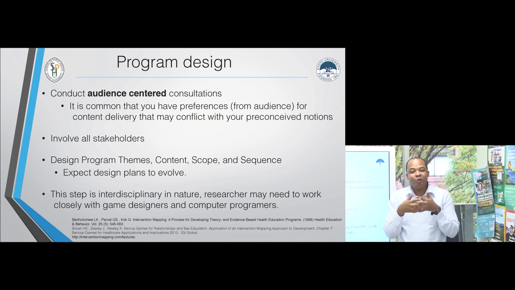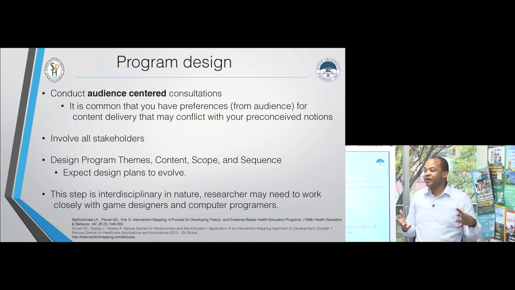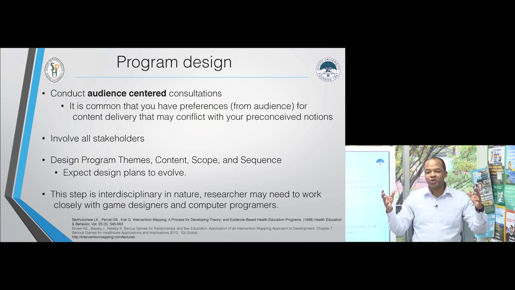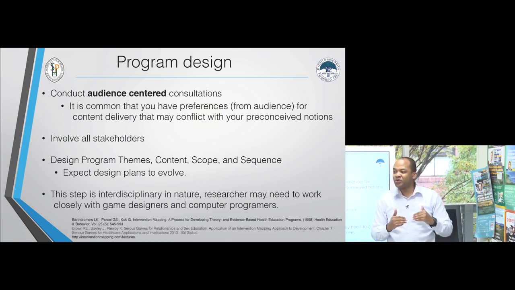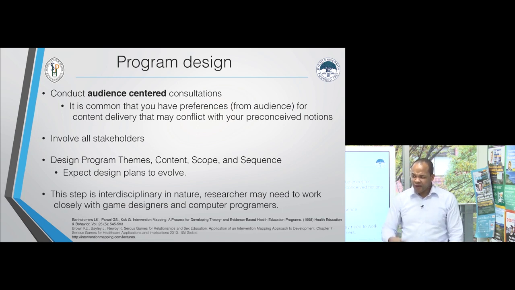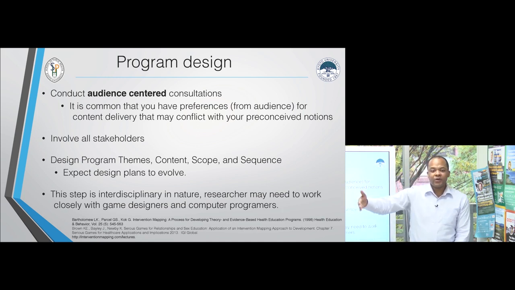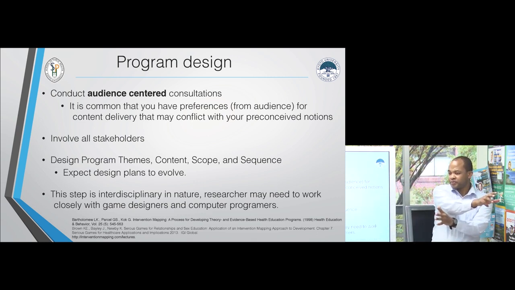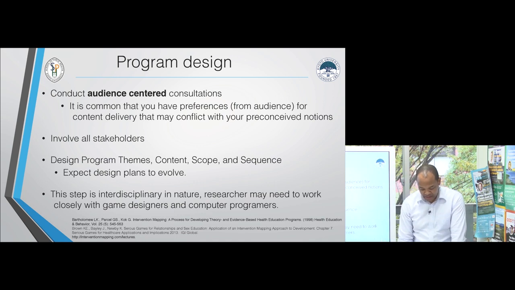If it's a story, what would the story be about? And the scope: what do you want to address? By this time, you would have identified many determinants of the issues, but you want to scope it down and directly focus on what you will try to address. And also the sequence of events, right? Do you want to start with knowledge and perception, or just start with perception? You decide during this stage.